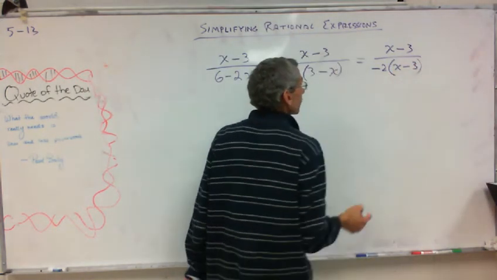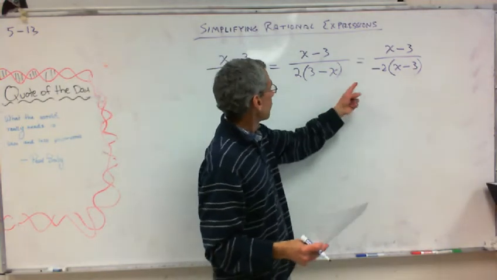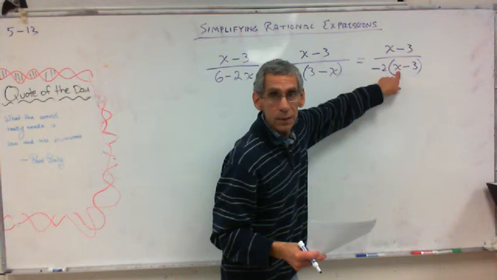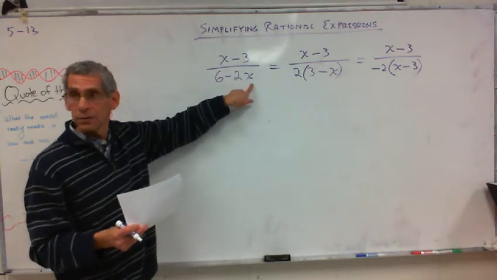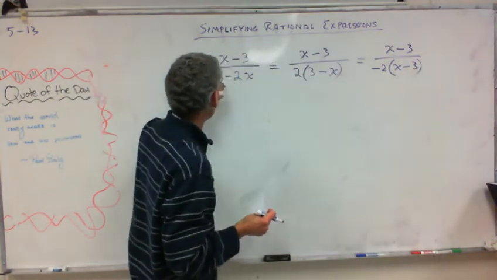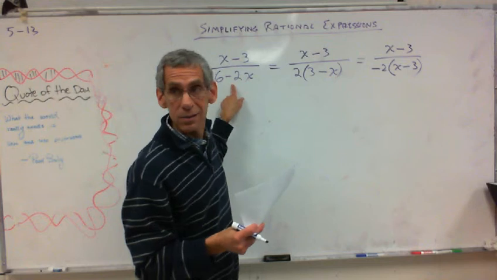You can cross them both off. I can prove it: negative 2 times x is negative 2x. Negative 2 times negative 3 is positive 6. So this equals this.